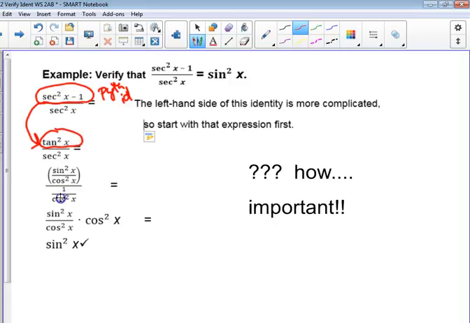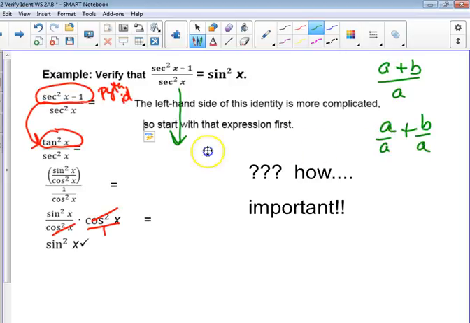All right, then they changed everything to sines and cosines. Then it says divide, so they flipped over and multiplied by the reciprocal. Then, because they were multiplying, they could cancel things, and they got sine squared. I realized a little bit earlier today that it would have been really easy to do this question because remember we talked about this, (a plus b) over a is a over a plus b over a. So if I made this secant squared over secant squared minus 1 over secant squared, what's secant squared over secant squared?